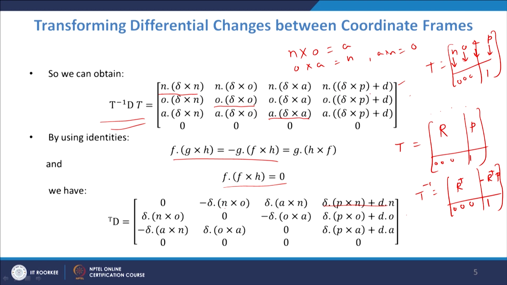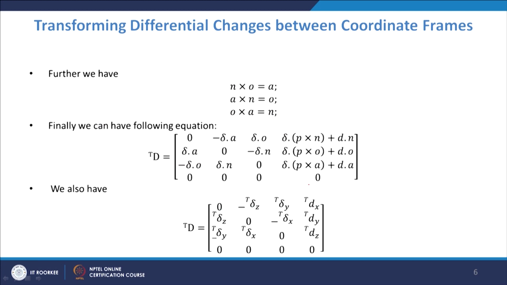This can be utilized for this expression. Substituting n cross o equal to a here, it is minus del dot a vector, and this del dot a cross n is the o vector. So, this is del dot o.